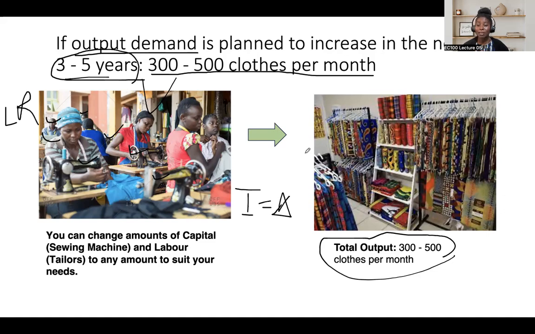So they might start the courses and do evening programs. That means they take more students, so the level of production has increased. And of course, more teachers will be hired. But as far as increasing the buildings, that is going to be fixed. They're going to be doing everything on a fixed property because it takes at least probably 5 years to acquire land and build classes to the finish. So that is a short run for them.